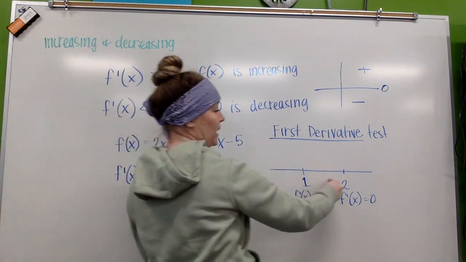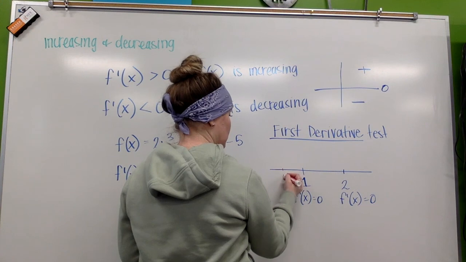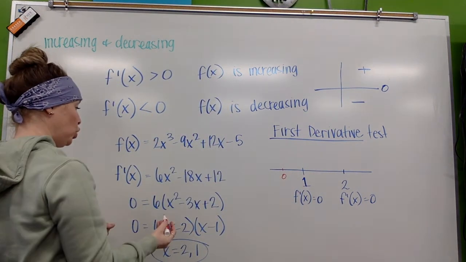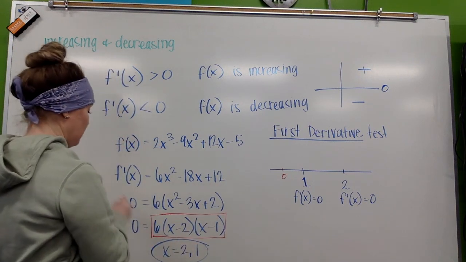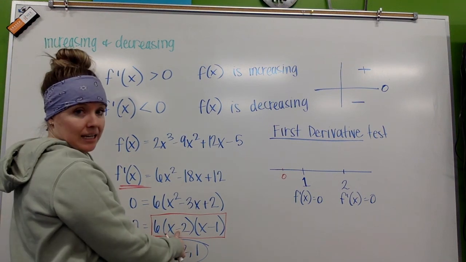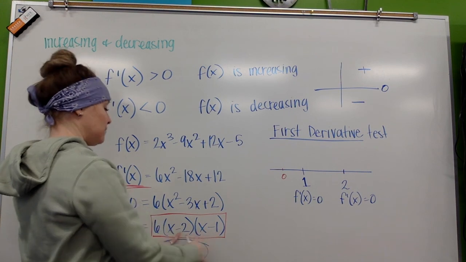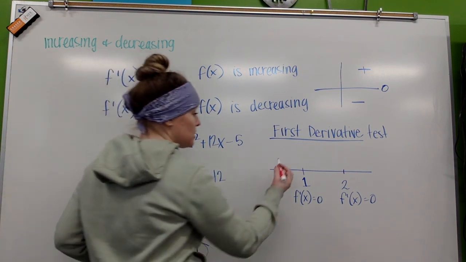So I'm going to pick a point on each interval here. So let's say here, I'm going to plug in 0. And I'm going to plug it in to this part of my derivative. 0 minus 2, that's a negative. 0 minus 1, that's negative. Negative times a negative is positive times a positive 6.